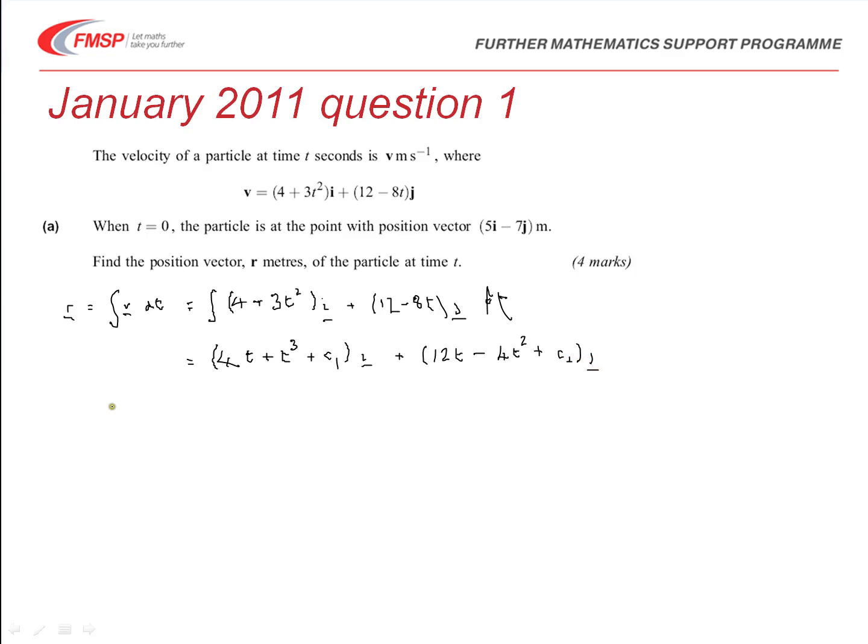Now if you remember, we were told that when t is equal to 0, r has to equal 5i minus 7j.